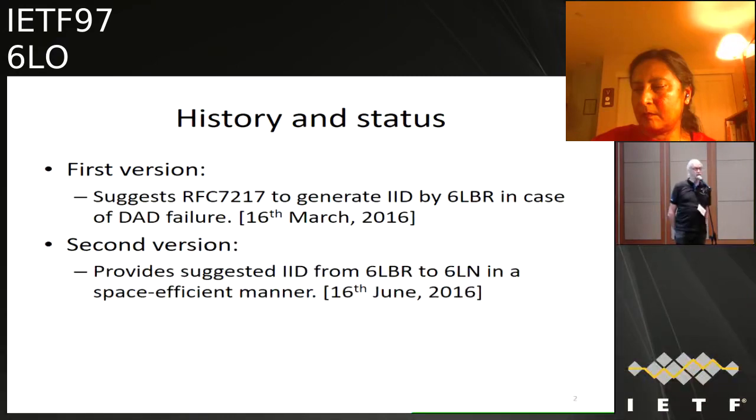So when duplicate addresses are detected, we use some functionality in the router to do the work to help out the node. In the second version, we found a way to provide the answer back to the node in a more space efficient manner. Next slide, please.